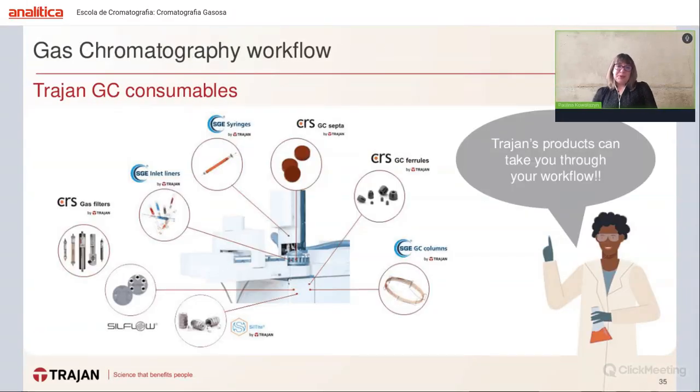So I would like to remind you that within the Trajan portfolio, we do have all the consumables needed for your GC workflow, for your GC needs. And today we covered the gas filters, splitters, unions. But during the last 4 sessions, we've been talking about syringes, GC septa, injection port liners, as well as the columns.